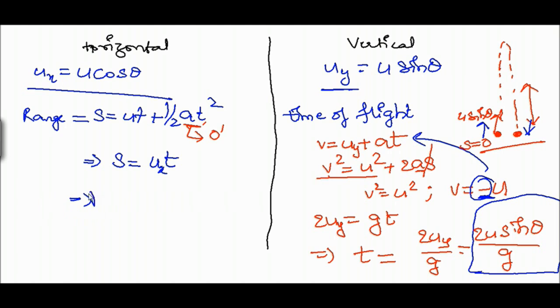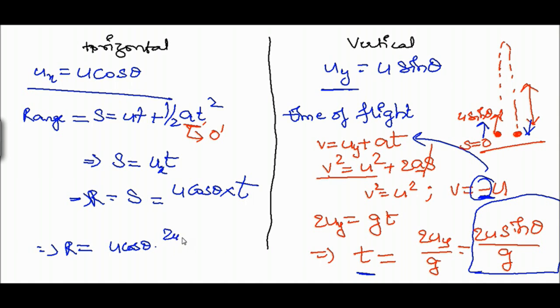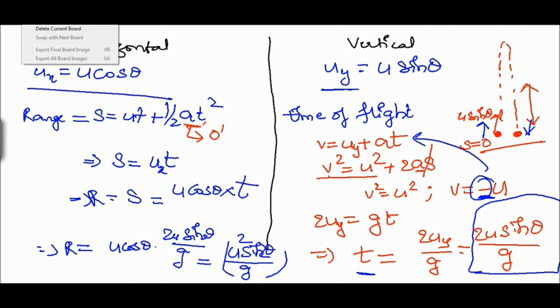That implies R, or s as called in this equation, is u cos theta into time. This time can be taken from the earlier equation. That implies R = u cos theta into 2u sin theta by g, that is equal to u² sin 2 theta by g. This is how the equations can be worked out.